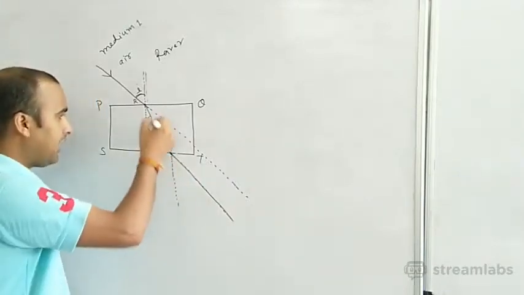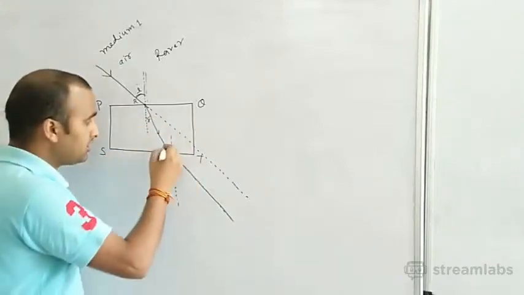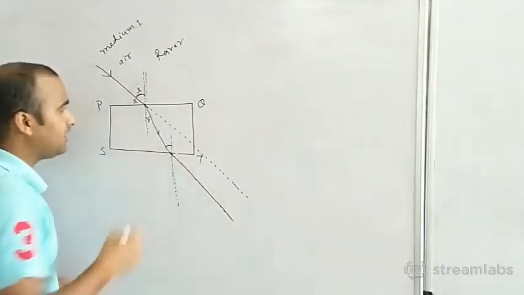For the surface ST, this is the angle of incidence. How can you calculate the value of this angle?